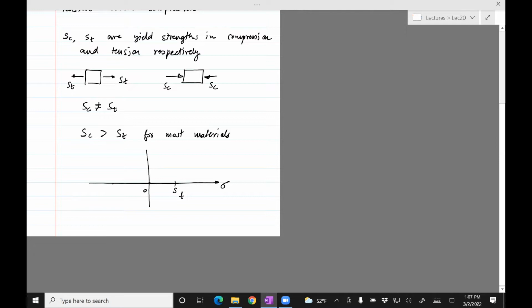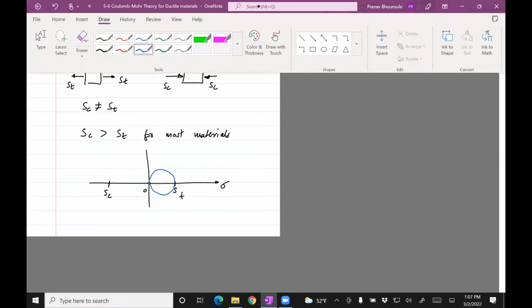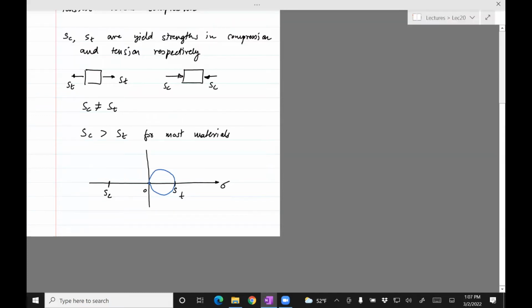And then Sc is, let's say, further down because Sc is greater than St. By that I mean the magnitude. So we can draw the Mohr circle for this because 0 is the stress in the y direction, so the 0 is one of the points. And then we can draw another circle for the pure compression case.